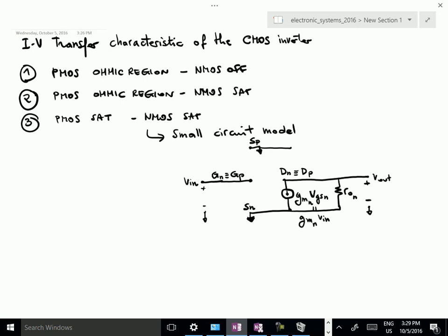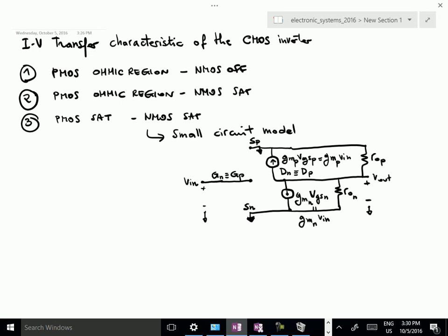As far as the PMOS is concerned, we have between the drain of the PMOS and the source of the PMOS a current generator GMP times VGSP, which again is equal to GMP times V in, and in parallel to it we have the output resistance ROP of the PMOS.